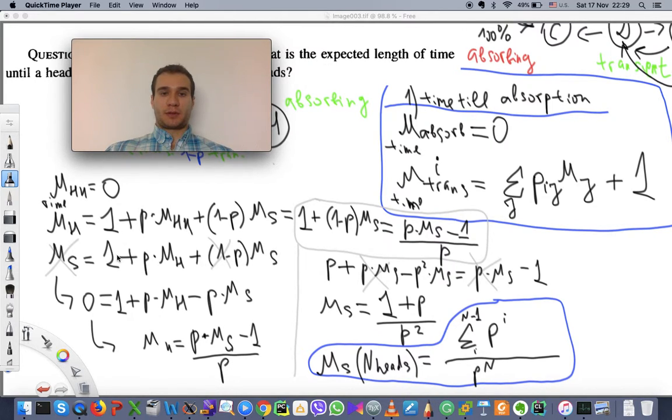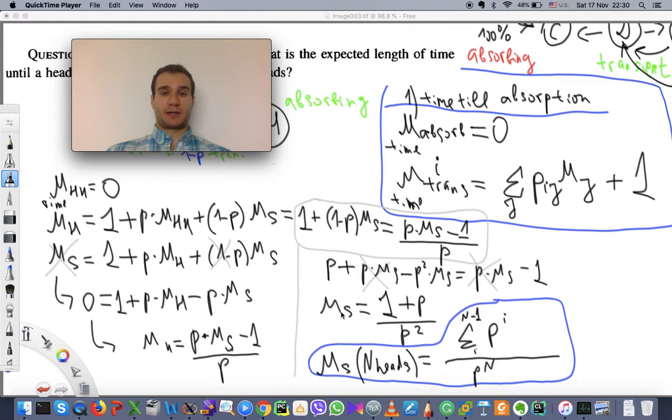We first calculated what is mu h from one equation, then mu h from another equation, and since mu h in each equation is the same, we equate both sides to be able to get to mu s. Mu s, again to remind you, is the time till absorption, which means time to get to HH if we start from this state, and this state is mu s.